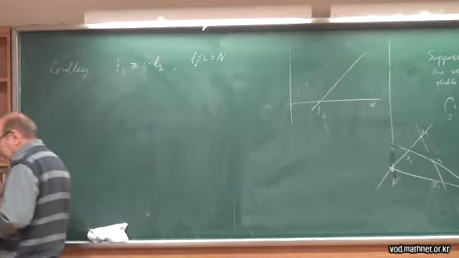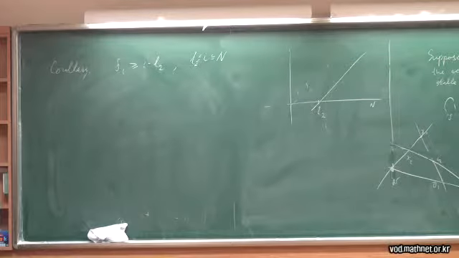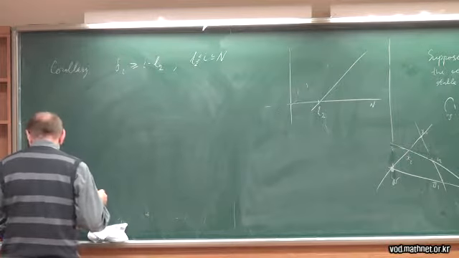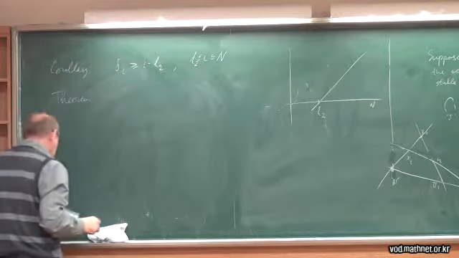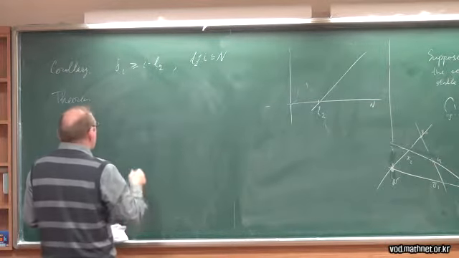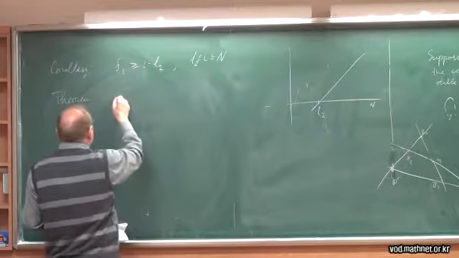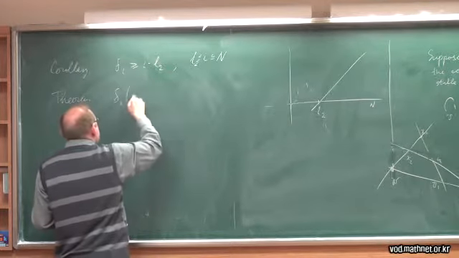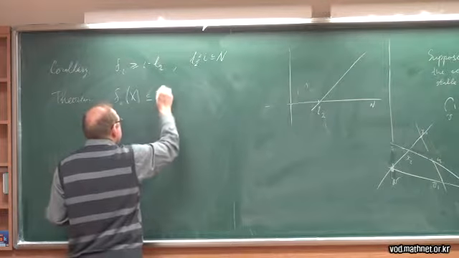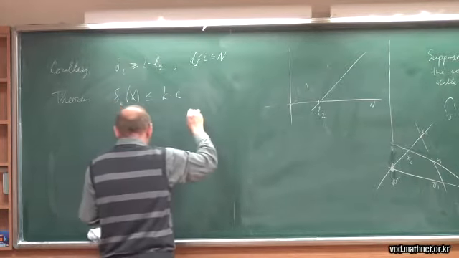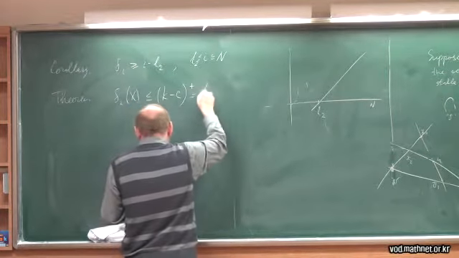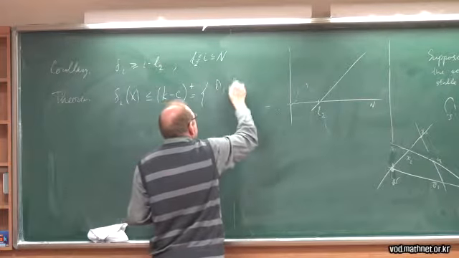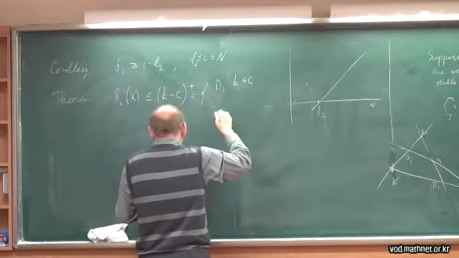What else can we say about this function delta? Next comes the following theorem. We can bound it from above. I recall that c is codimension.